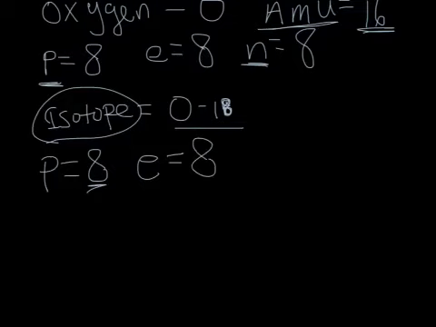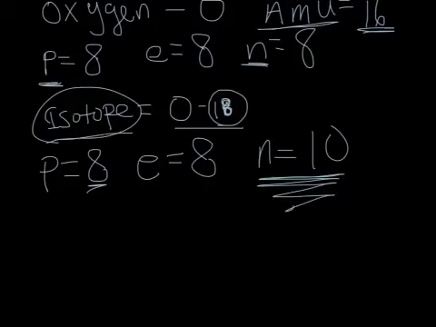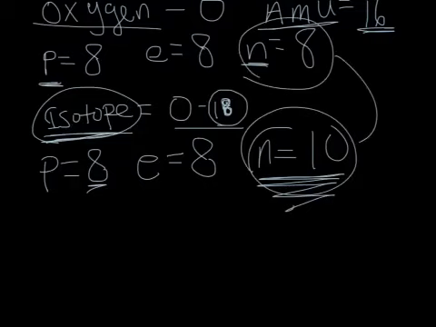But for neutrons, this is my atomic mass, minus the number of protons. So what is my number of neutrons? Did you say 10? Good. The number of neutrons for this isotope is 10. So as you can see, an isotope is a variation of an element where just the number of neutrons is different.